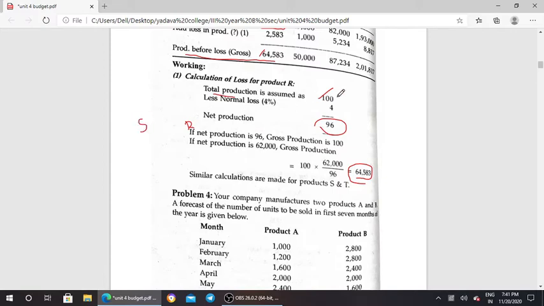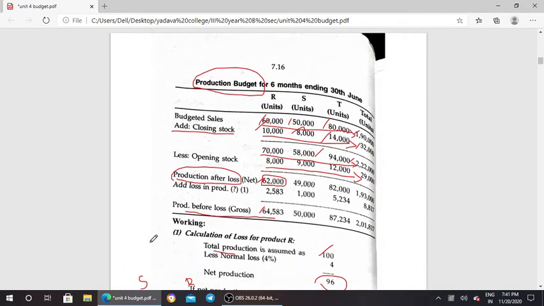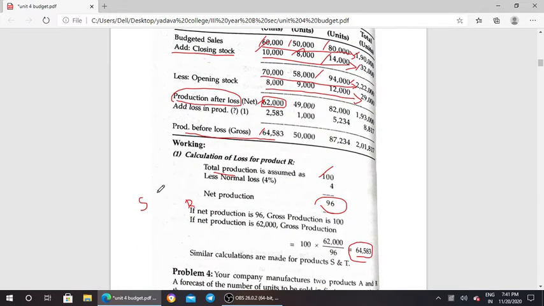Likewise, we calculate for S. If the assumed value is 100, the normal percentage is 2, so 100 minus 2 is 98. 49,000 divided by 98 into 100 gives 50,000.